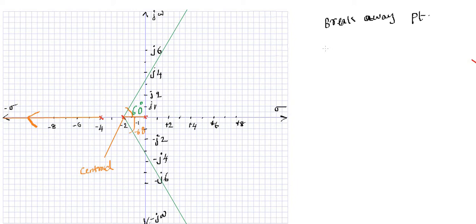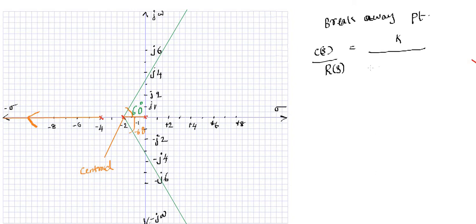That means two root locus branches starting from minus 2 and 0 will meet at some point and break away to the zero at infinity. Now, in order to find the breakaway point, we have to find the characteristic equation of the system. So, we can write C of s by R of s, the closed loop transfer function of the system, equal to G divided by 1 plus G of s H of s.